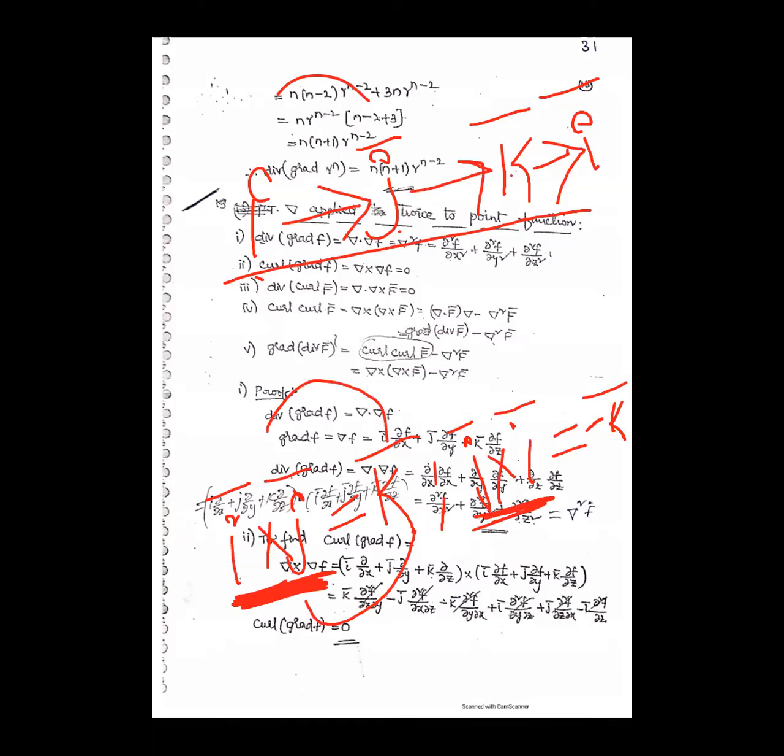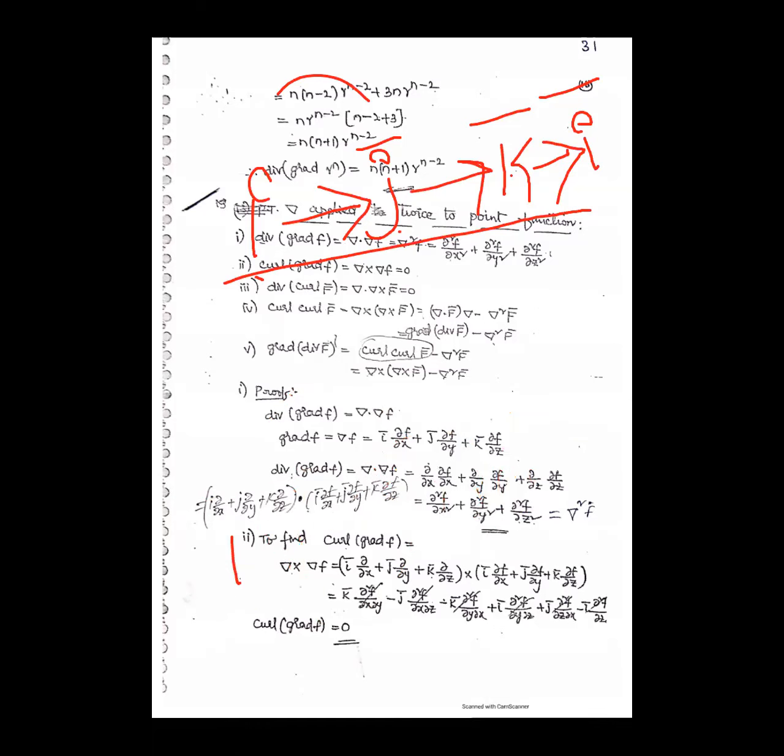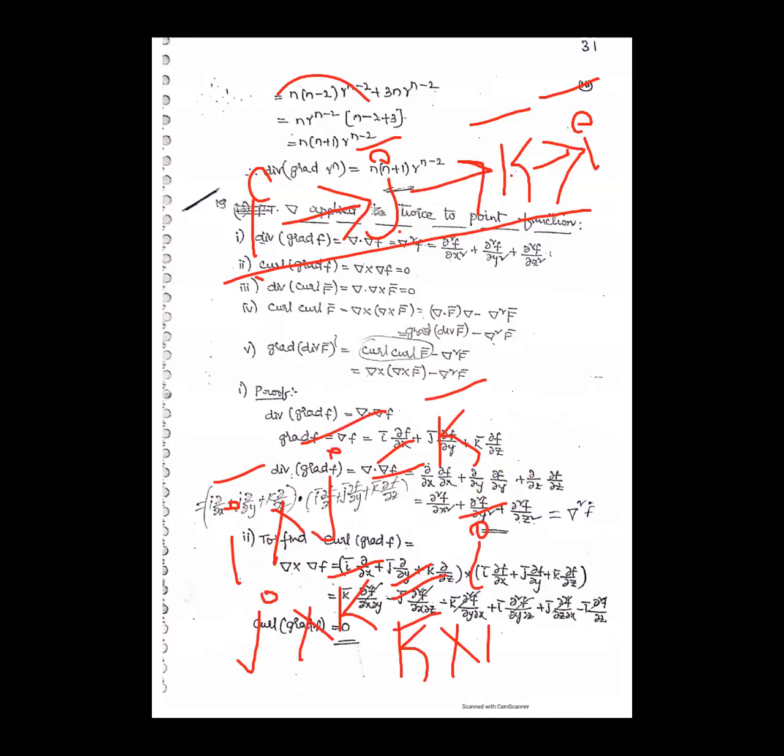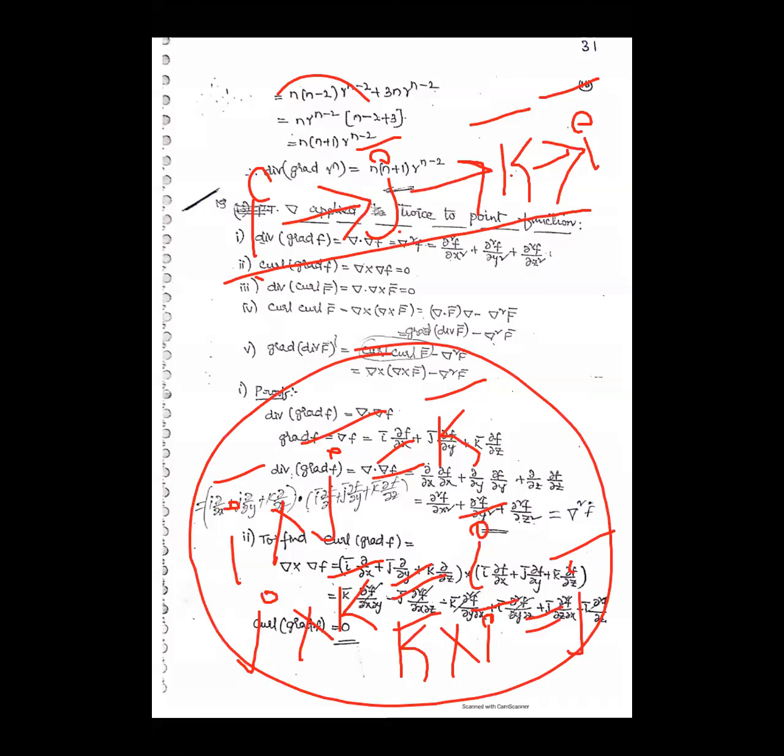Similarly, the remaining values are also the same. i cross j equal to k, j cross k, the missing term is i, so i. k cross i equals j. These values are fixed for forward directions.